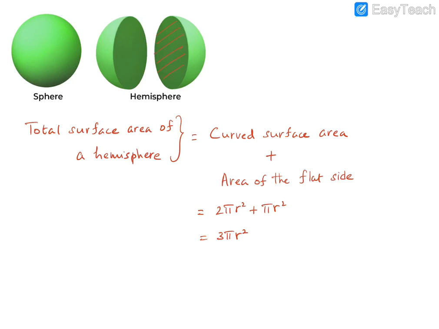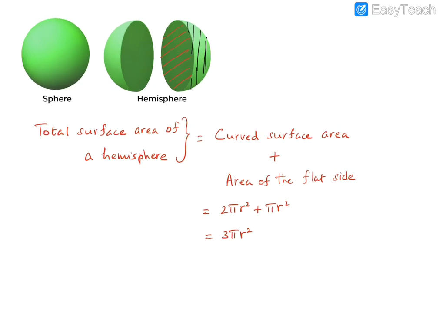And the curved surface area, as we have seen before, is this part over here. So this is the curved surface area, which I have shaded in black, and the area of the flat side is shaded in red lines here.